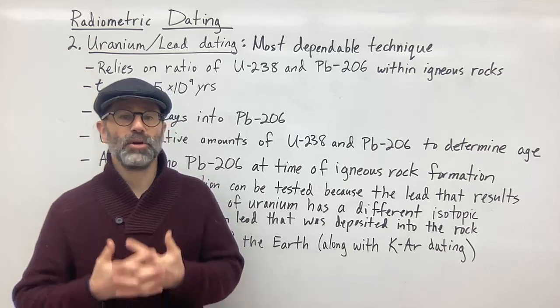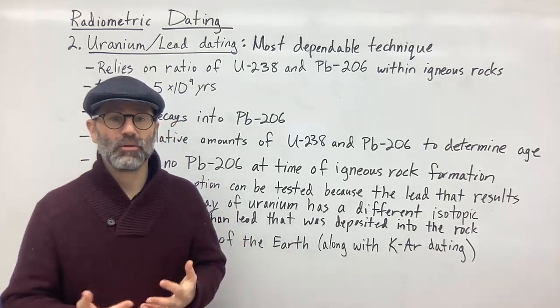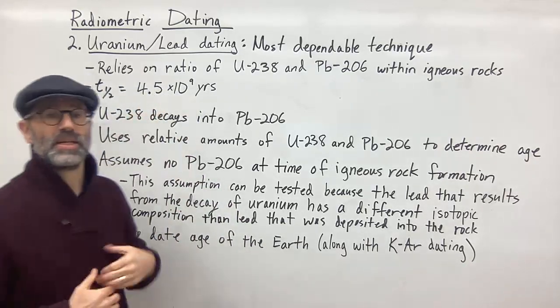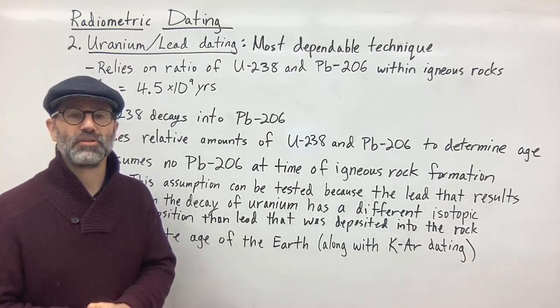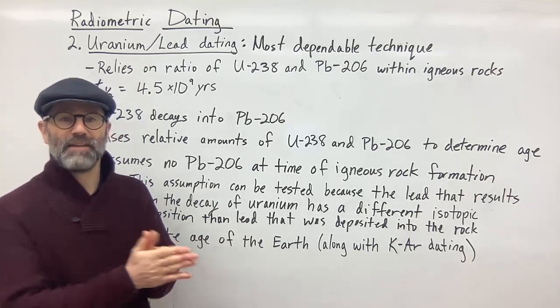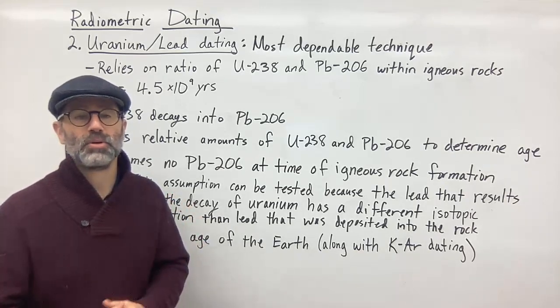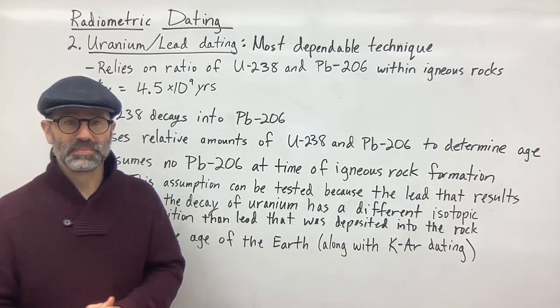And so I would date that rock to be 4.5 billion years old, because the half-life of uranium-238 is 4.5 billion years. Since I have half of my uranium-238 left from what I assume to be the original amount, I know it's undergone one half-life.